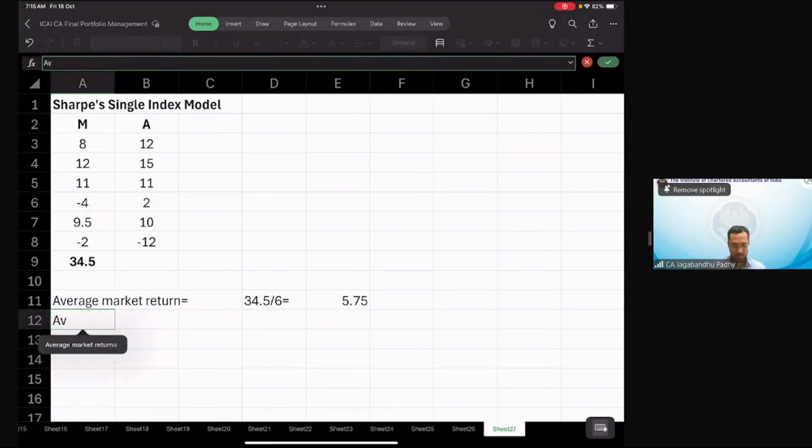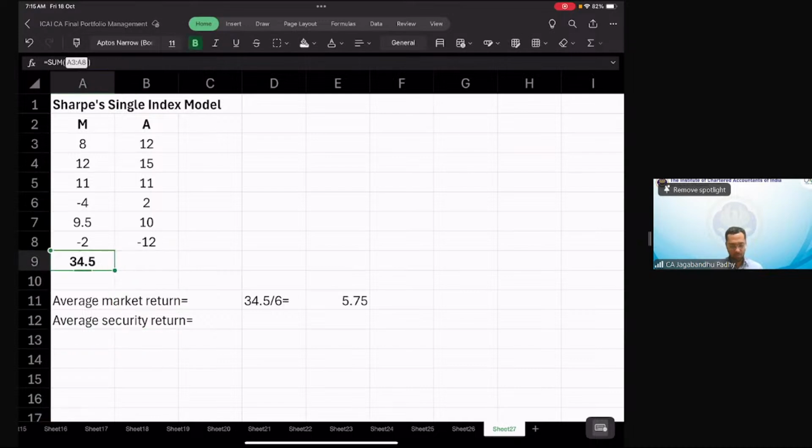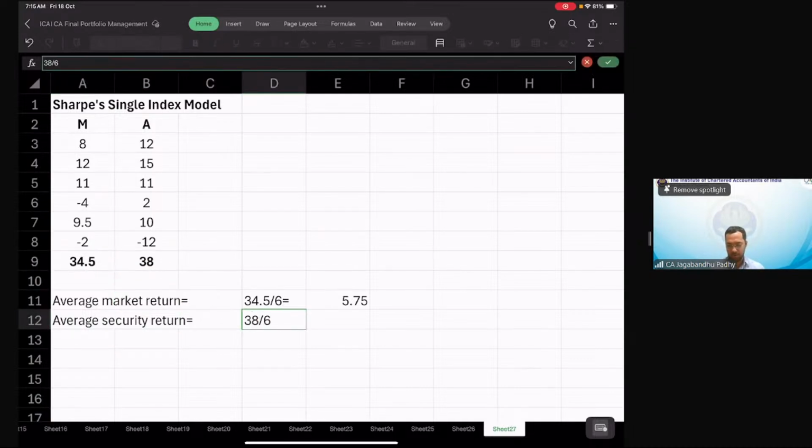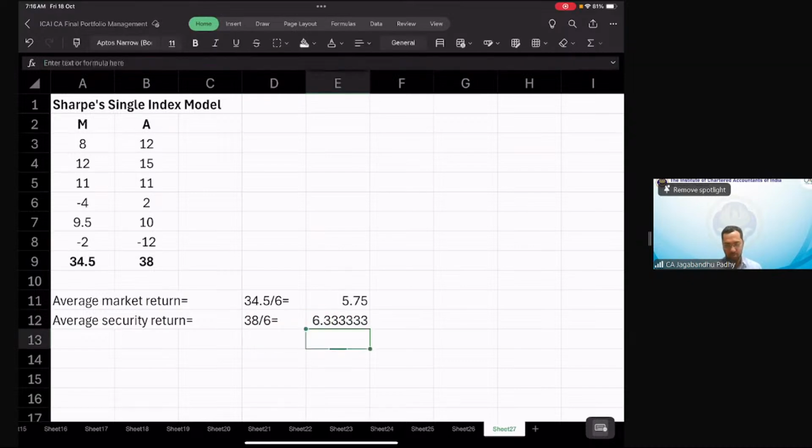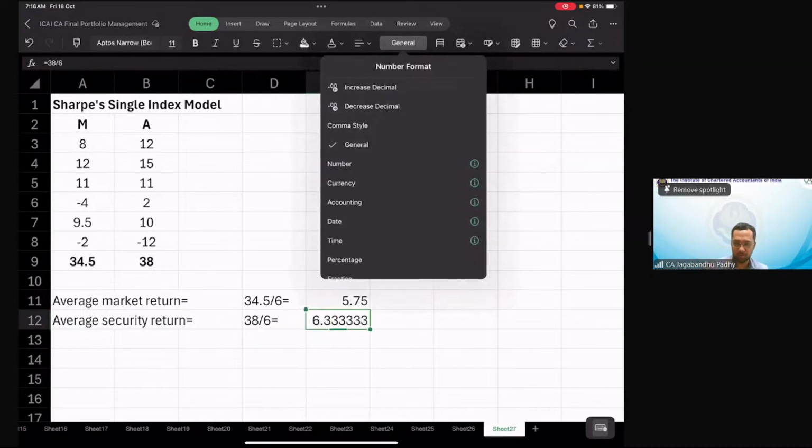Whereas the average security return will be calculated on similar lines: the total is 38, divided by 6. So 38 divided by 6 is 6.33.